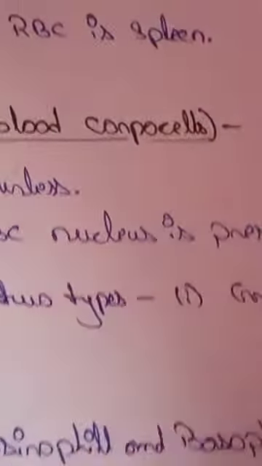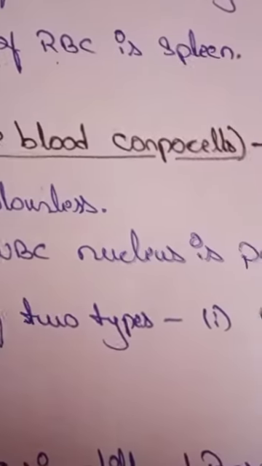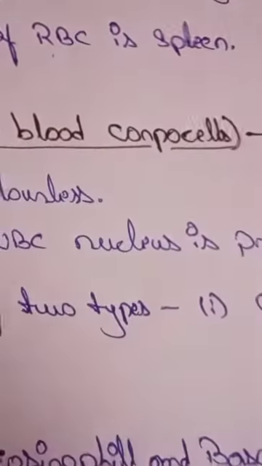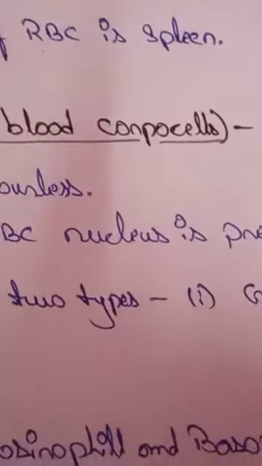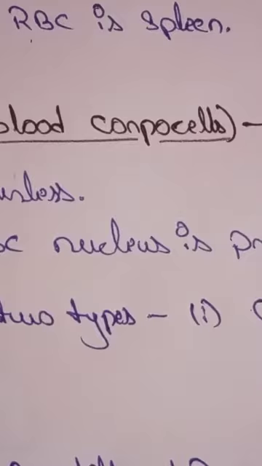WBC is colorless. In adult WBC, the nucleus is present, but in adult RBC there is no nucleus.